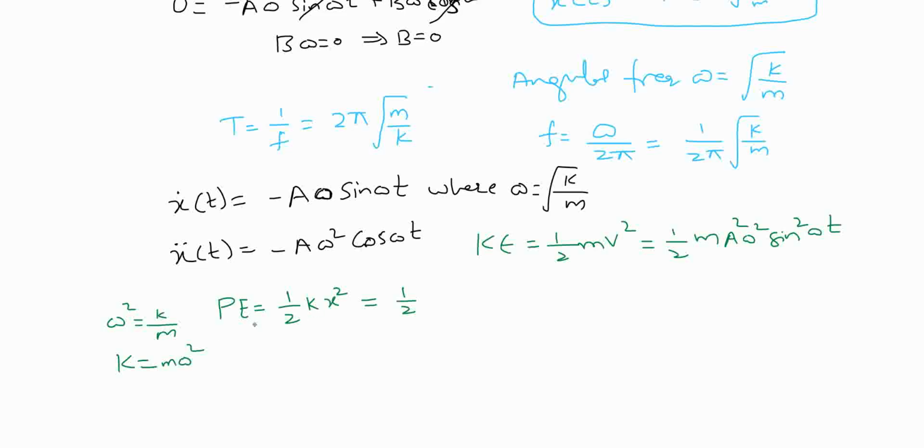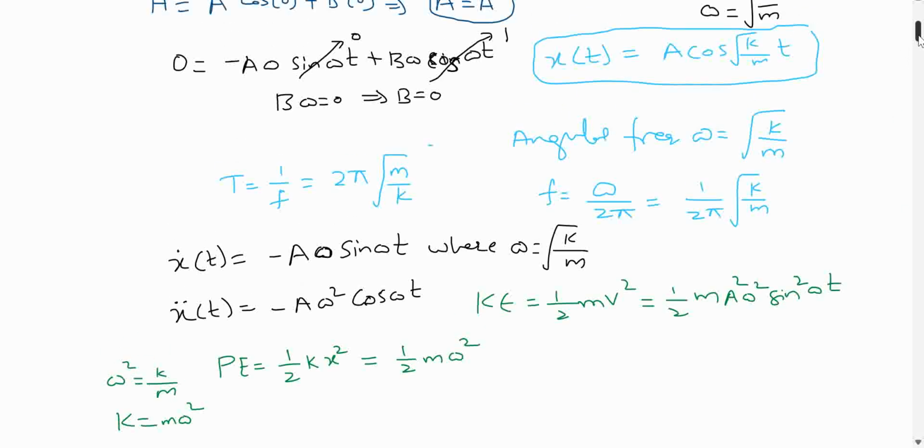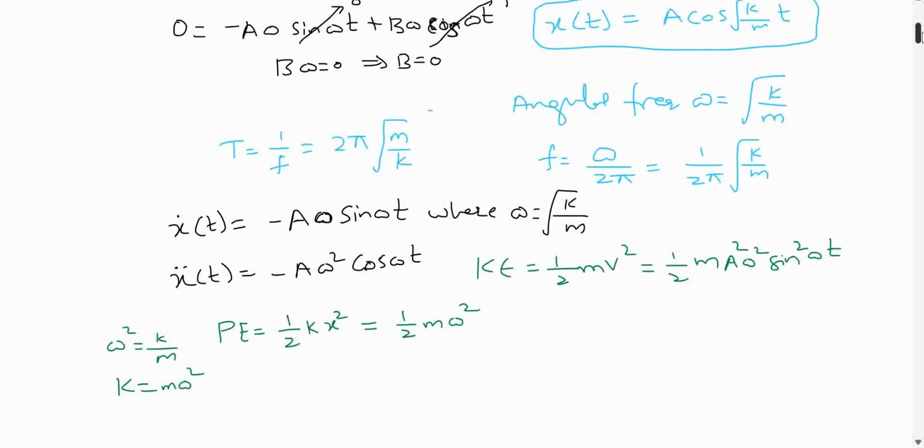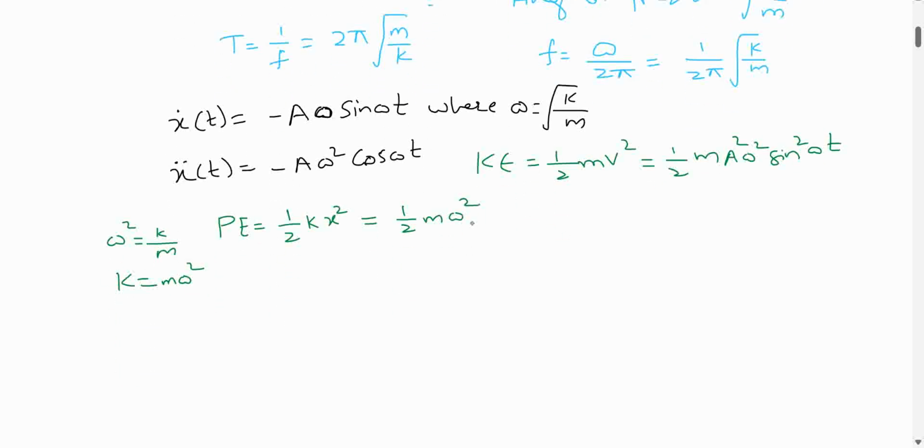I am substituting for k here m omega square, and x I have already found that it is A cos omega t. So that will be A square cos square omega t. This is potential energy and kinetic energy.